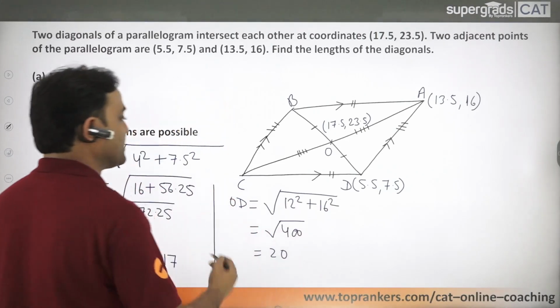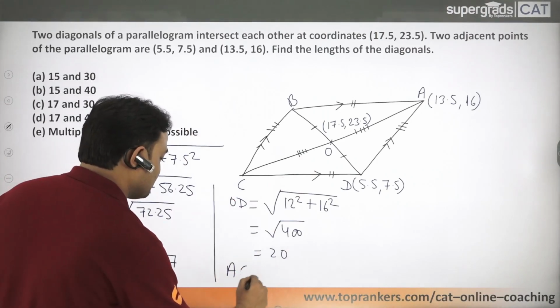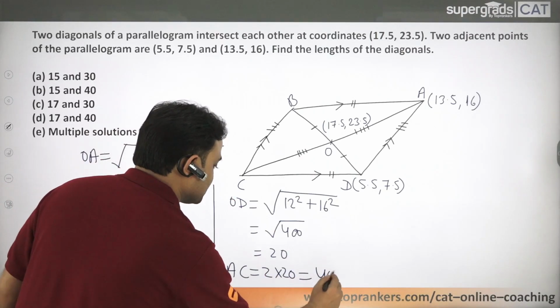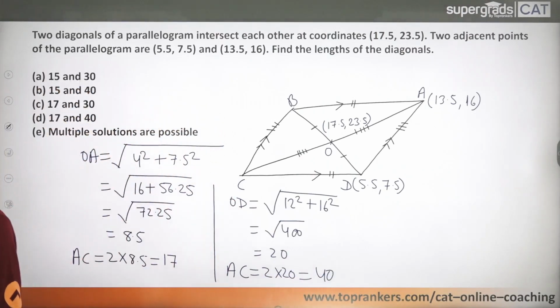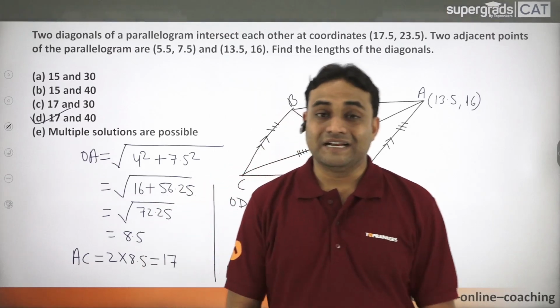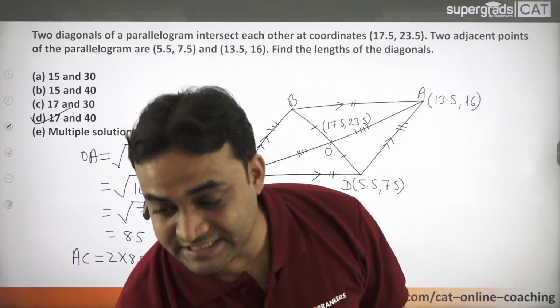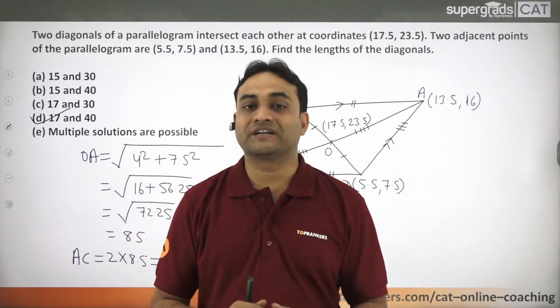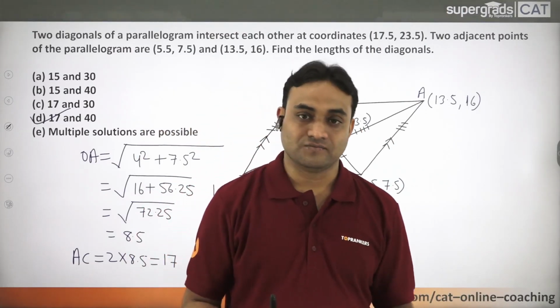If OD is 20, BD will be double of this, which is 2 into 20. That makes it 40. So what's our answer? Answer is option D. So you can see that it becomes very easy to solve coordinate problems if the basics of geometry are clear to you.